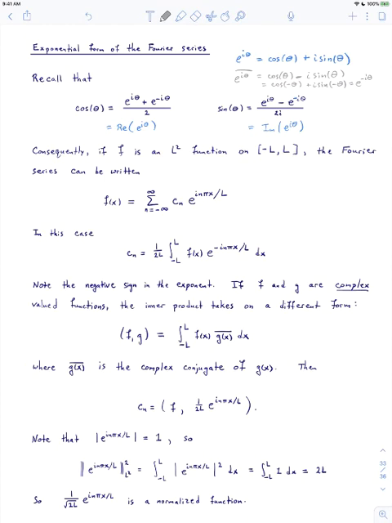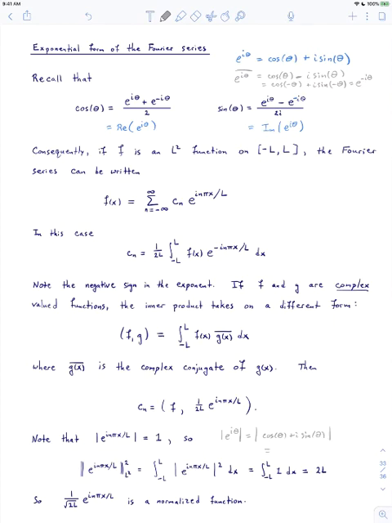Now notice here that e to the i times a real number has magnitude 1. Once again, that's a result of Euler's formula. If you wanted to compute the size of e to the i theta, that's the size of cosine theta plus i times sine theta. And so what's that going to be?